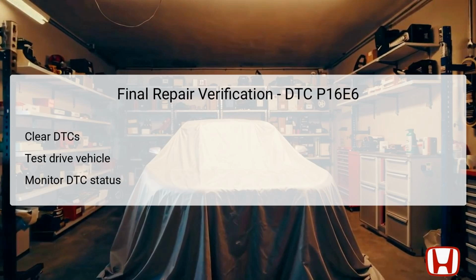After completing all repairs related to DTC P16E6, it is essential to verify the effectiveness of those repairs. Start by clearing all DTCs from the system using the HDS. This procedure should reset the vehicle's diagnostic monitor and eliminate any previously stored error codes.